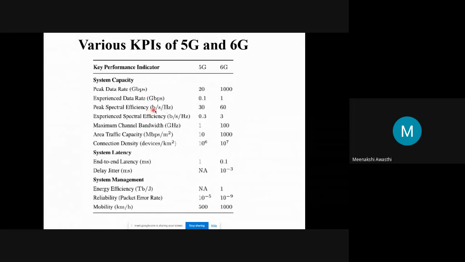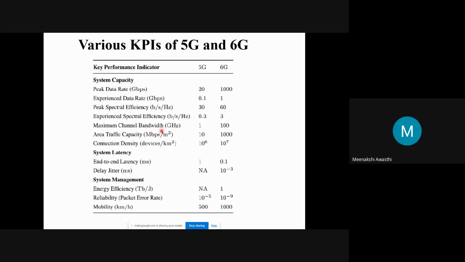It is 30 for 5G, whereas the spectral efficiency we can expect from 6G is 60 bits per second per hertz. This is the theoretical peak. Now the experienced spectral efficiency will be 0.3 in 5G and 3 in 6G.